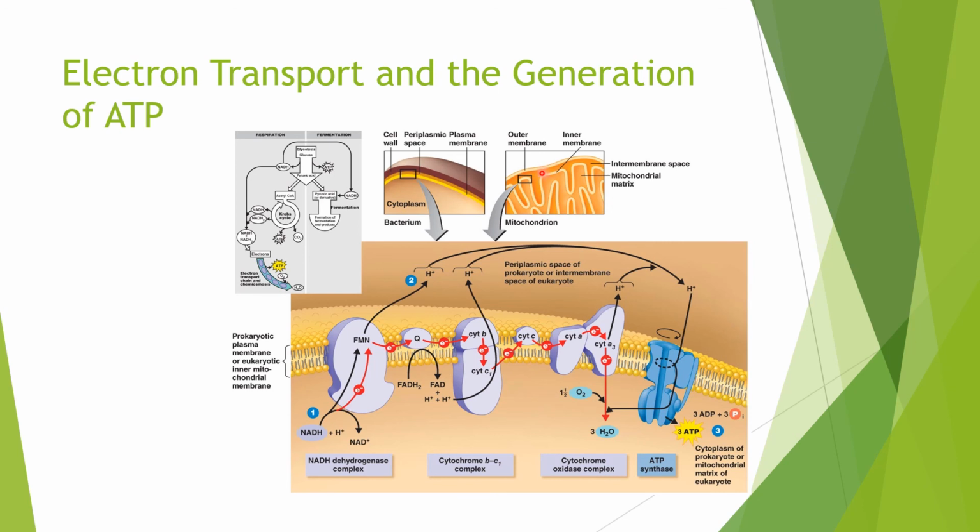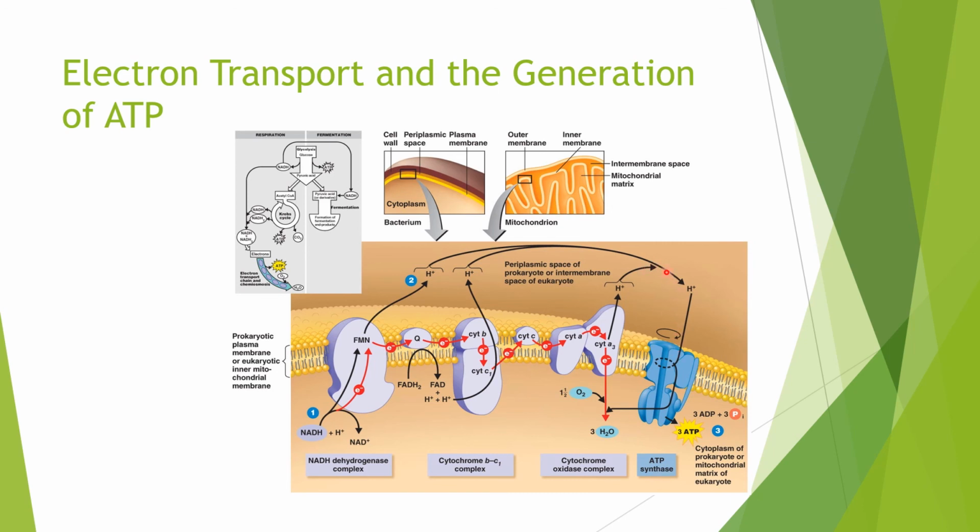Once you have a high concentration of hydrogen ions right here in the intermembrane space, the hydrogen ions are going to start coming down this enzyme right here, known as the ATP synthase. As they pass through that enzyme, and the enzyme name kind of tells you what it's going to do, ATP synthase, meaning that this enzyme is going to help speed up the reaction of producing energy, ATP.